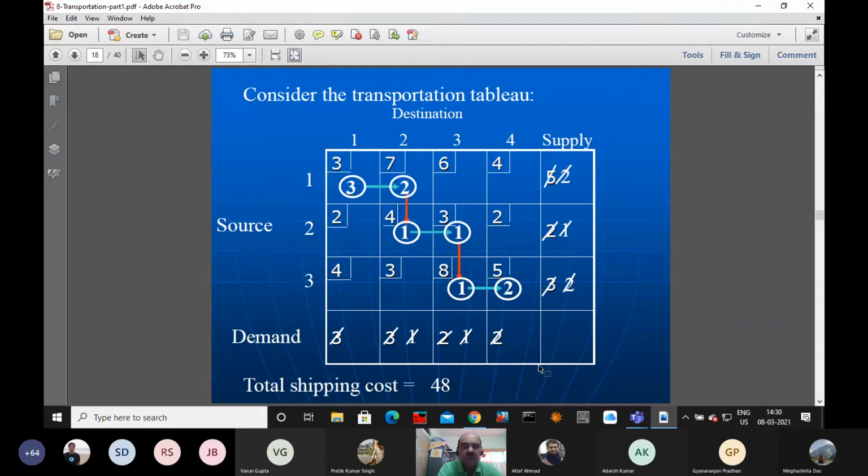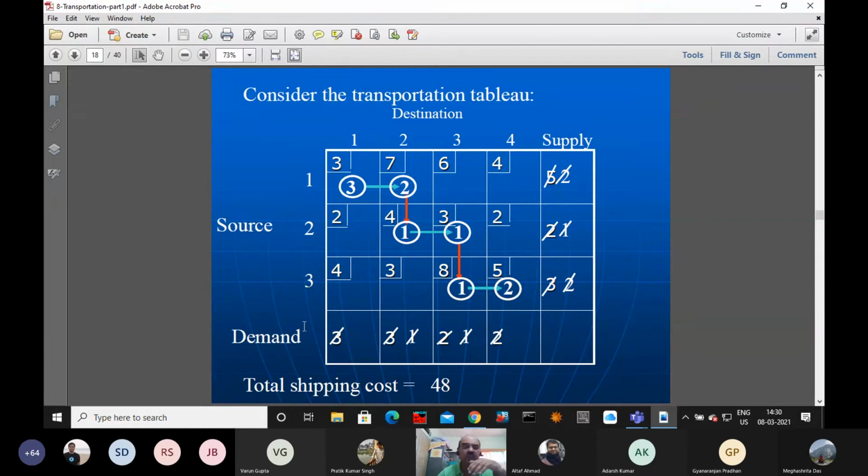Now, consider this transportation problem. Many things are already marked, so I am just repeating. This is a transportation matrix. There are 3 sources and 4 destinations: source 1, source 2, source 3.